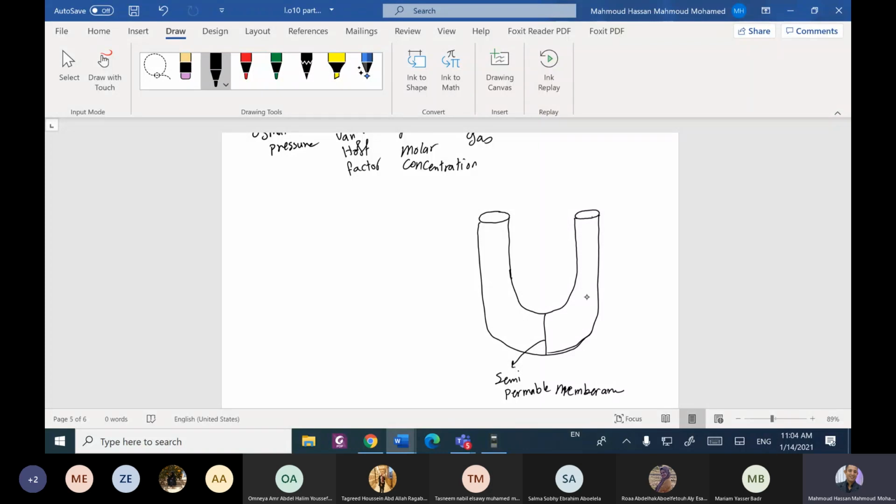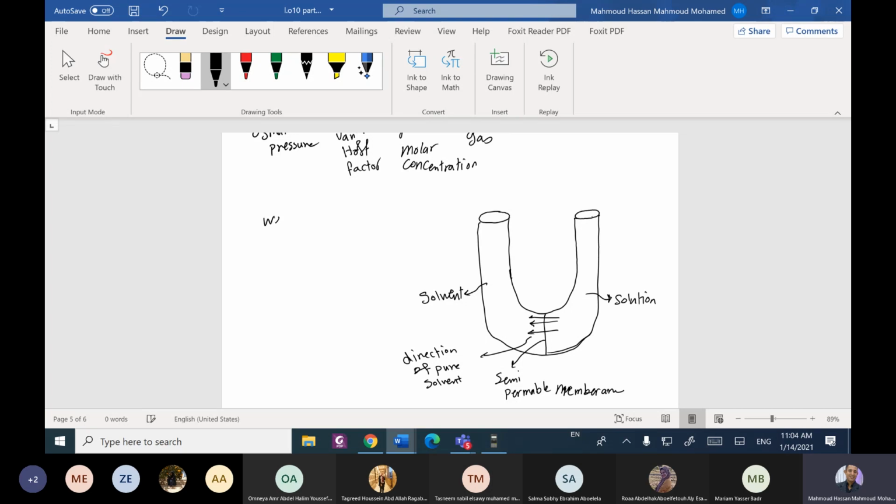On one side we put the solution, and on the other side we put the pure solvent.